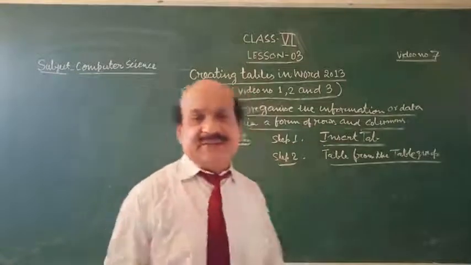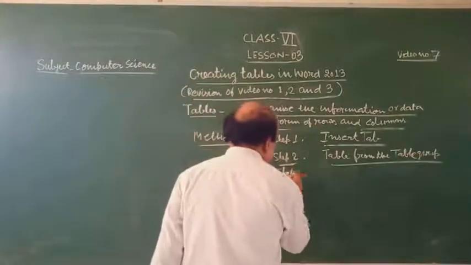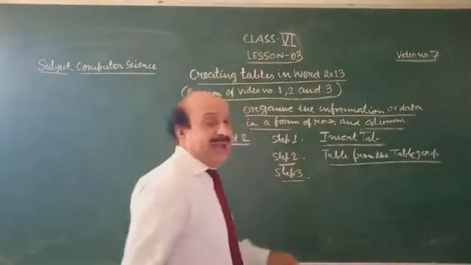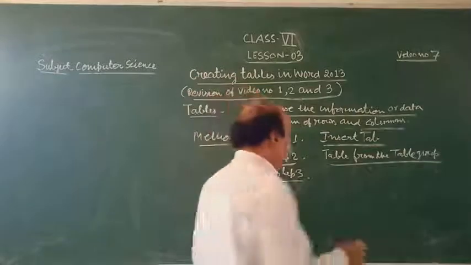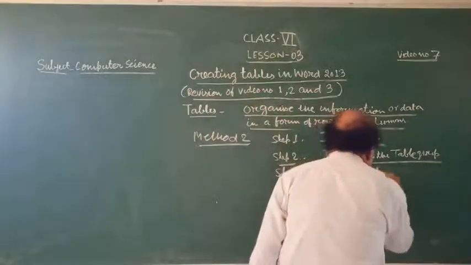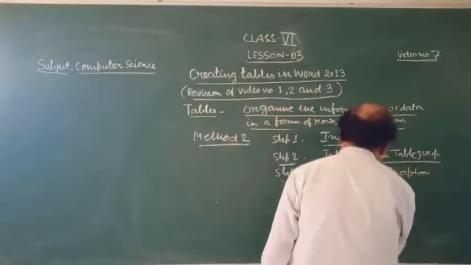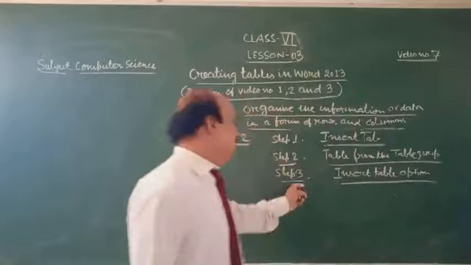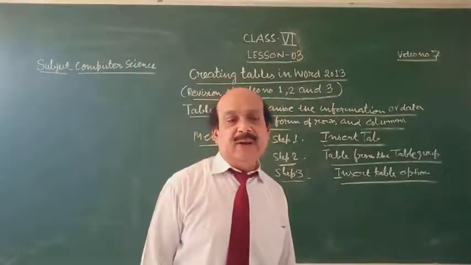Select the Insert Table option here. Step 3. See the differences here. Now we have to select the Insert Table option. In this box you will find the Insert Table option. So in step 3 you will click on the Insert Table option.